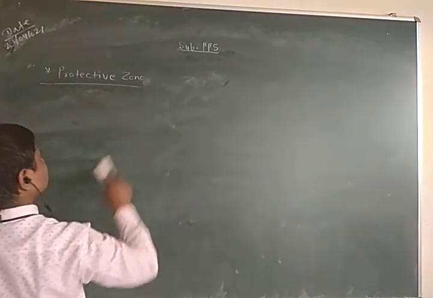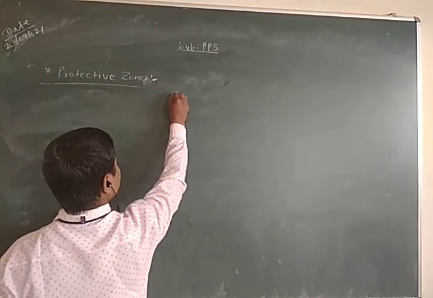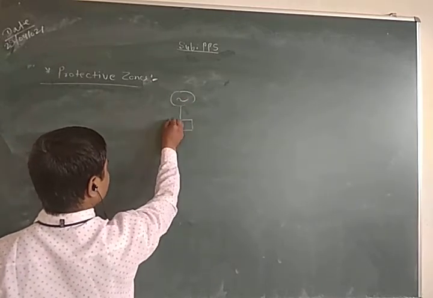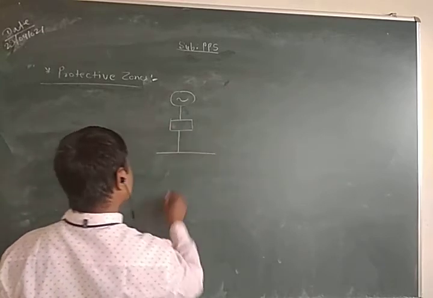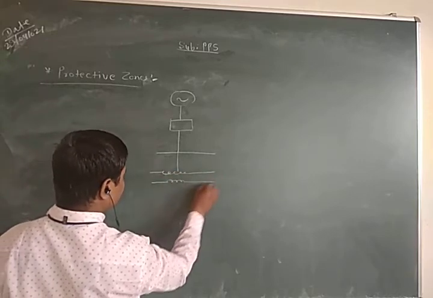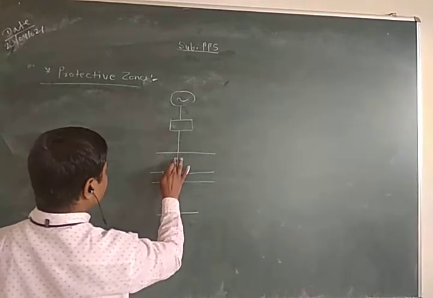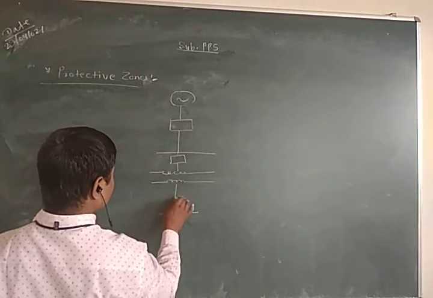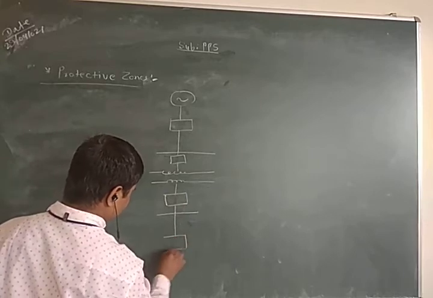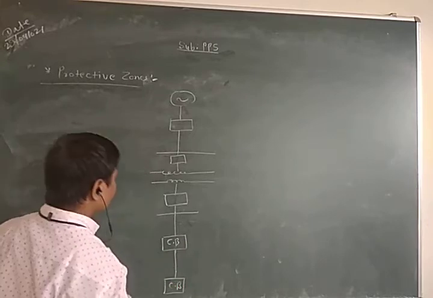Let me take a simple power system in which there is a generator and bus bar, transformer, next bus bar, and in this way, this is G1.